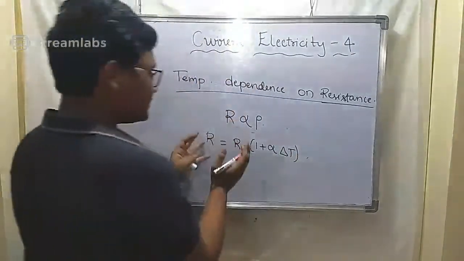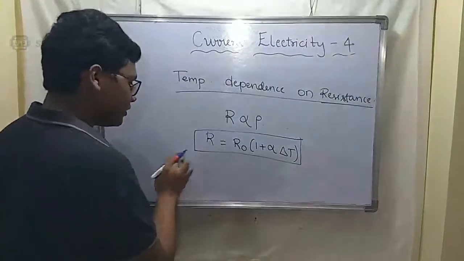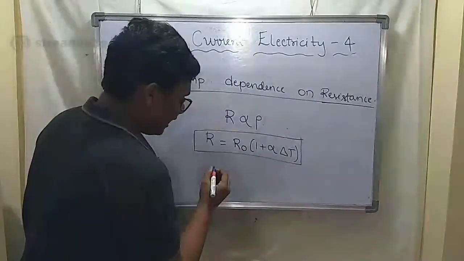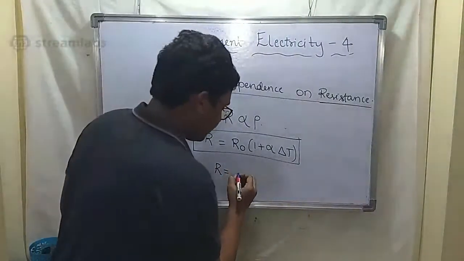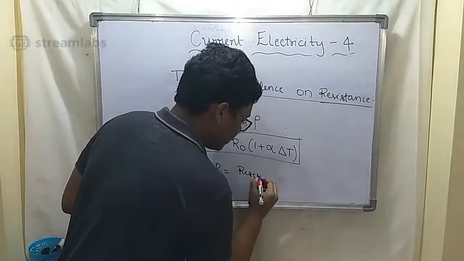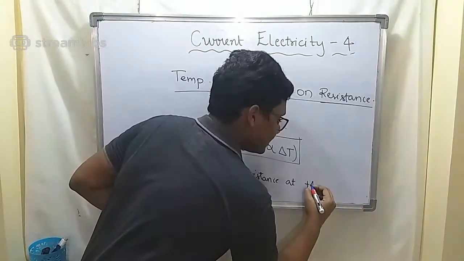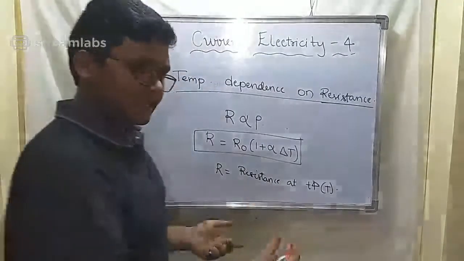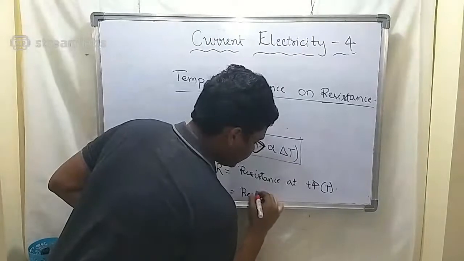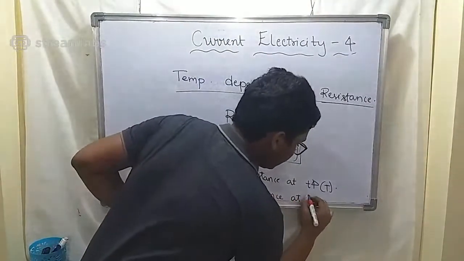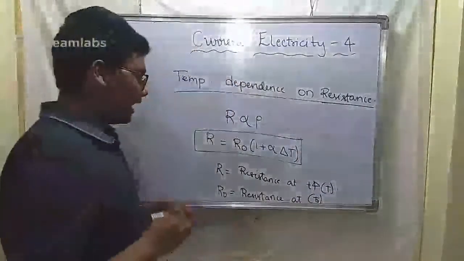Just the term has changed, from resistivity to resistance. Here R is the resistance at the increased temperature T, and R naught is the resistance at the normal, reference temperature.